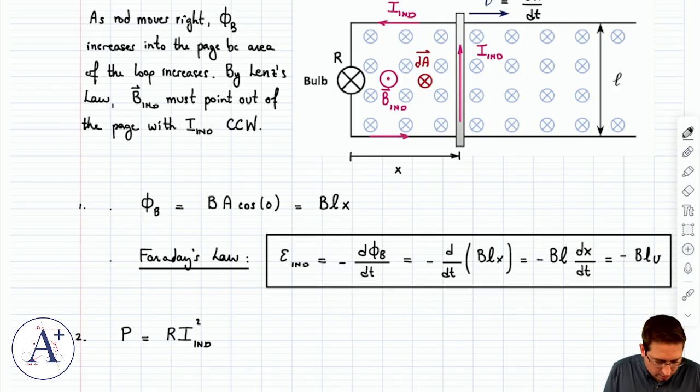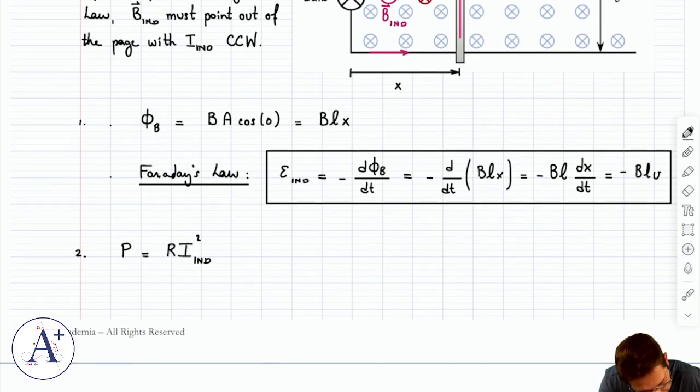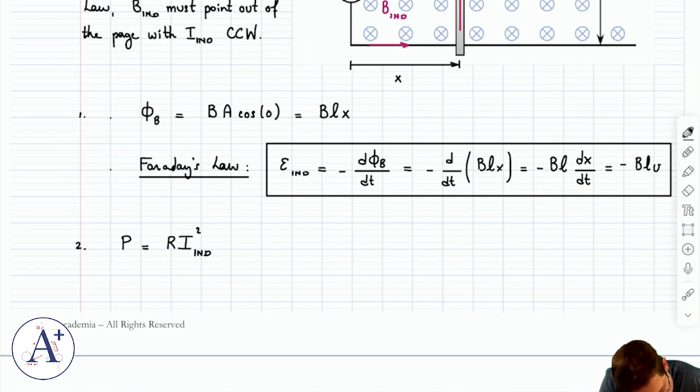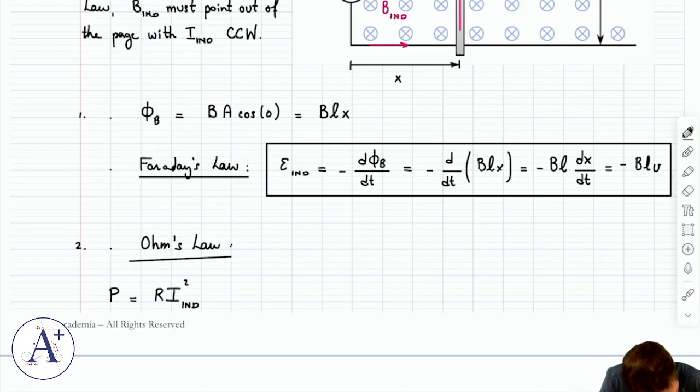Okay. Then the question is, what is I induced? To find I induced, I should apply Ohm's law, right? And so I'm going to maybe do it this way. Let me move this down here. Let me just put Ohm's law here. You can do it in a different order.